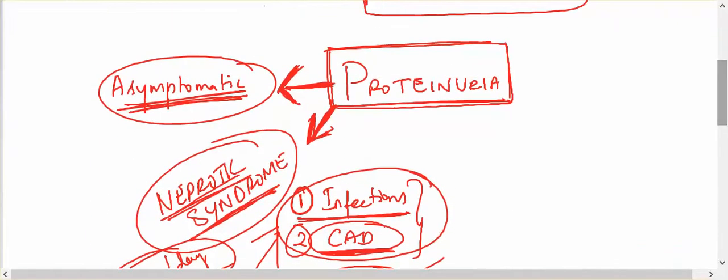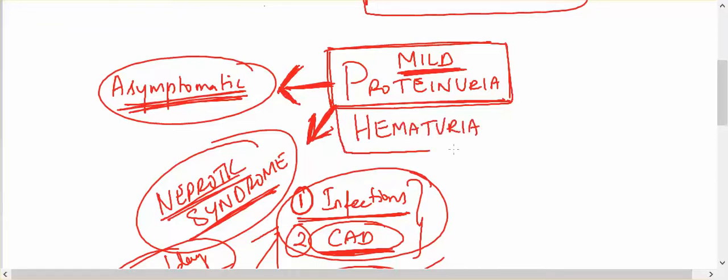Okay. Now there is mild proteinuria, not like nephrotic range. There is mild proteinuria, but along with hematuria. Please remember that the proteinuria is not like nephrotic. There is very, very mild proteinuria. Traces of protein can be seen, but there will be hematuria.